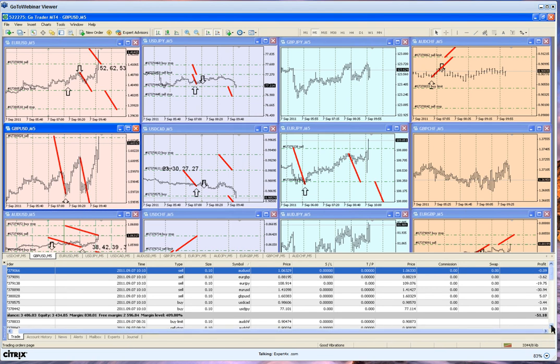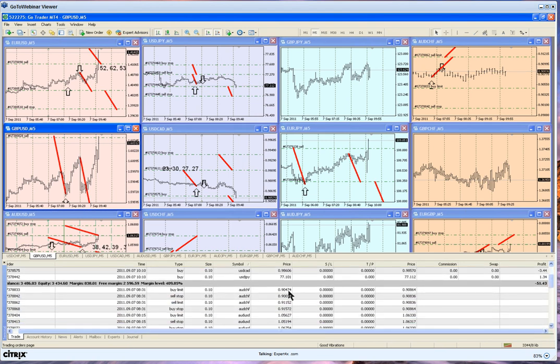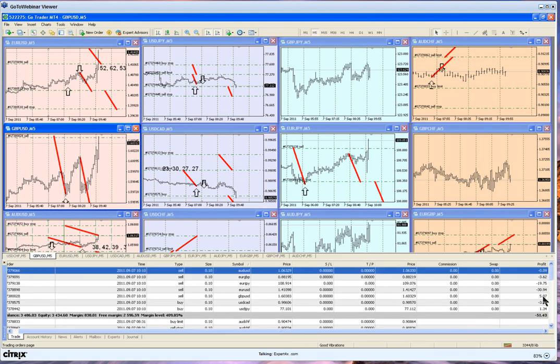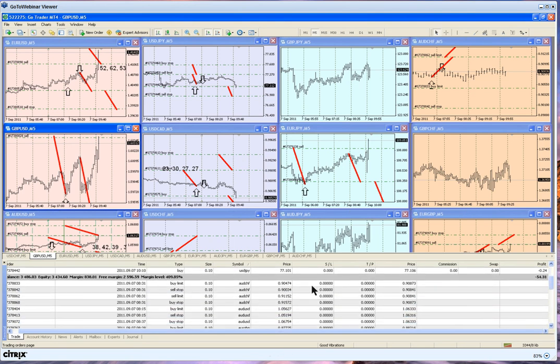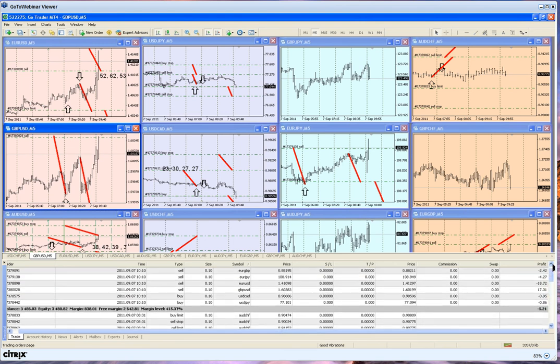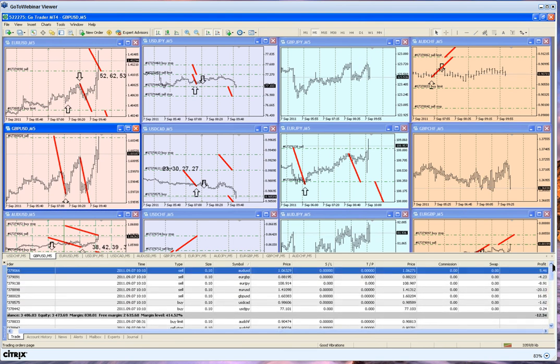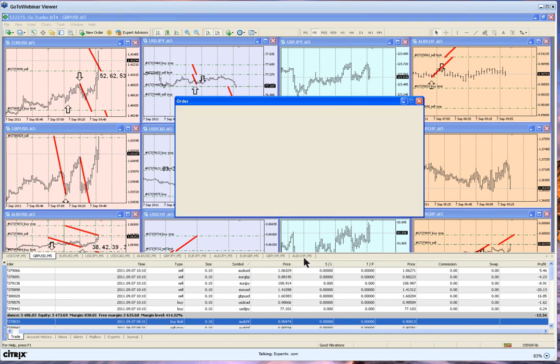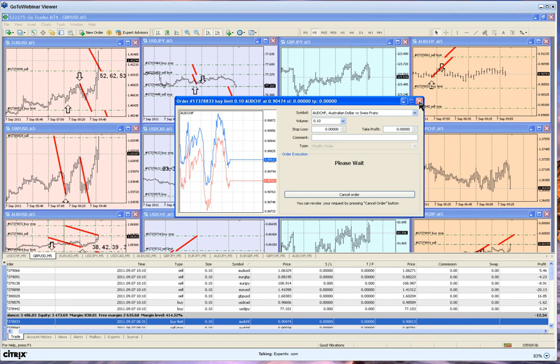So I'm going to see if I can cancel as many of these transactions as I can. Let's just have a look how many we have. 1, 2, 3, 4, 5, 6, 7. Right. Yeah, the slow process starts.